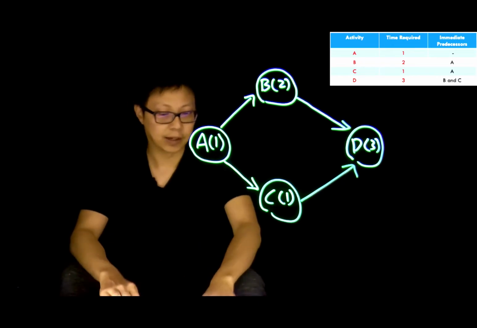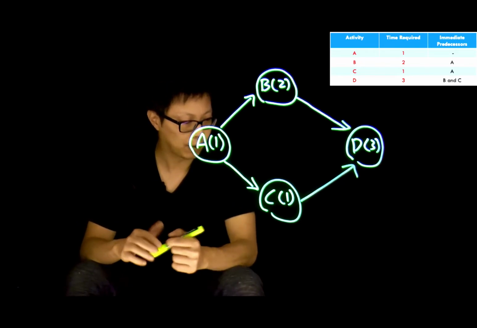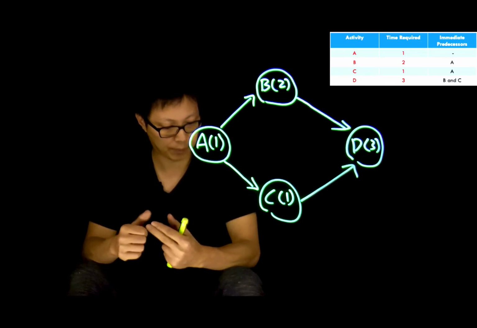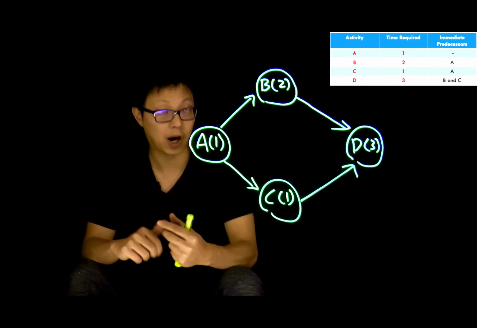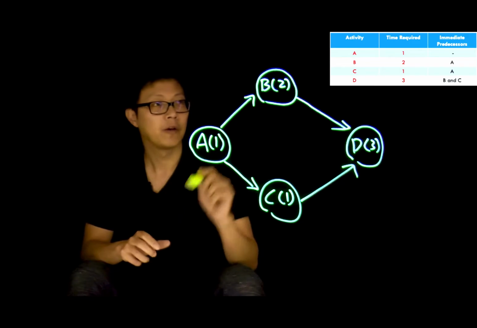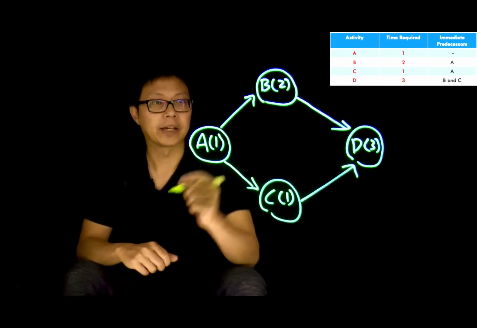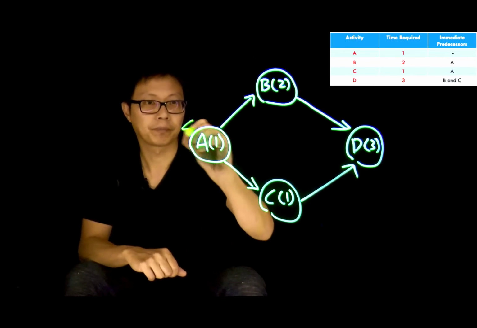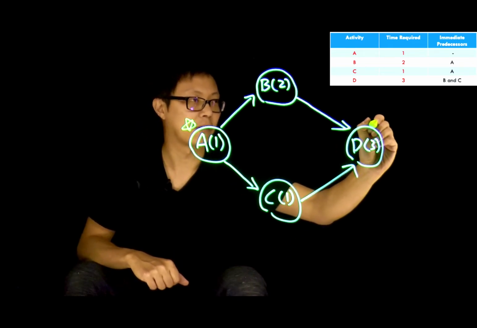Now, based on the definition of the critical path, we know that the critical path means the longest route from the start to finish. From this chart, we know A is our starting point and D is our finish point.